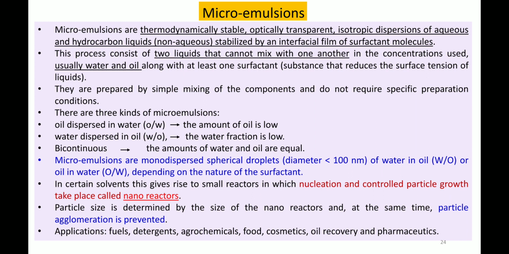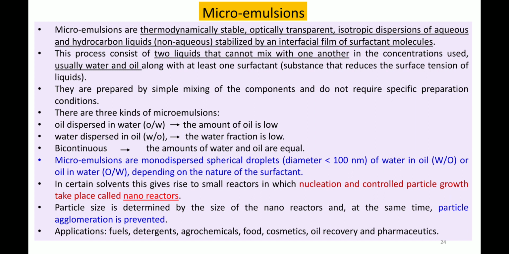So this process consists of two liquids, as we said in our first sentence, one is an aqueous liquid, another is a non-aqueous liquid. And they are immiscible in each other.